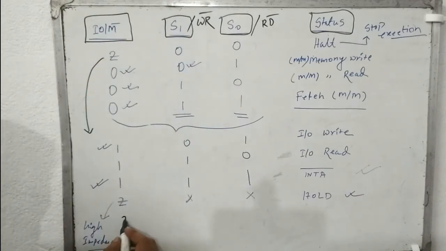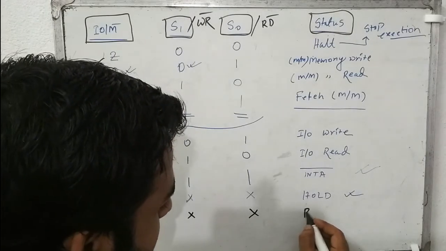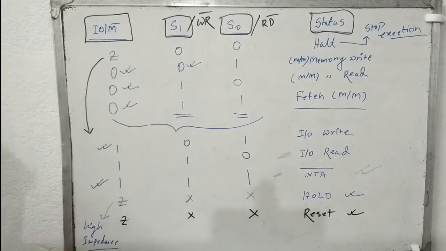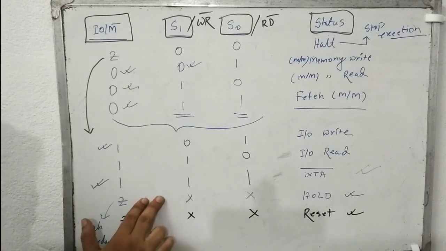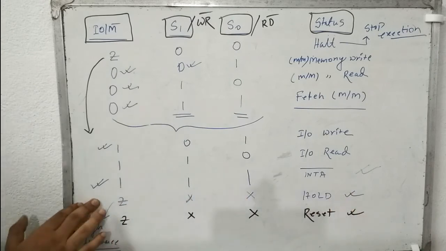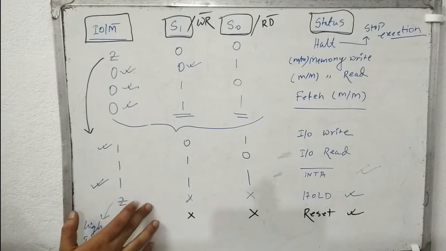And the last one is Z 1, also XX, XX. These two are the same, and when this kind of operation is performed, the reset operation will be performed. So here you can see that this is for the hold, this is for the hold, and this is for the reset. As I have told you, when a DMA related signal is performed, this signal is valid.